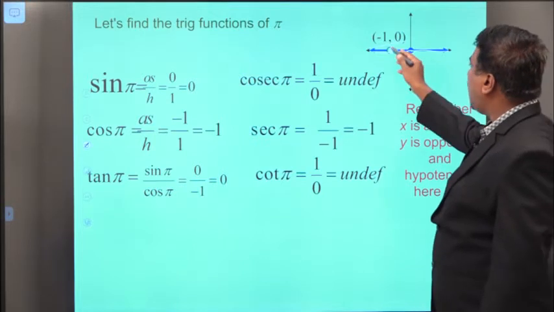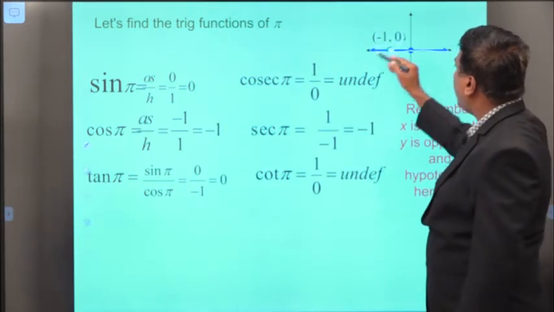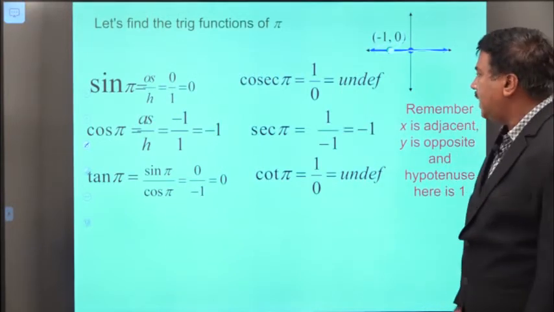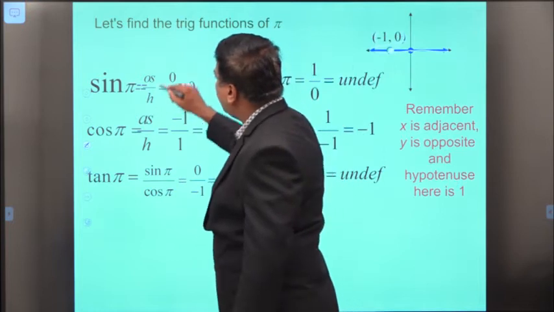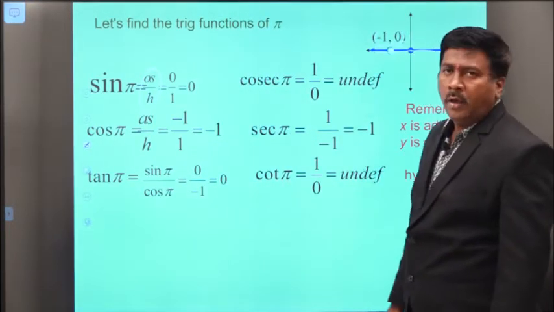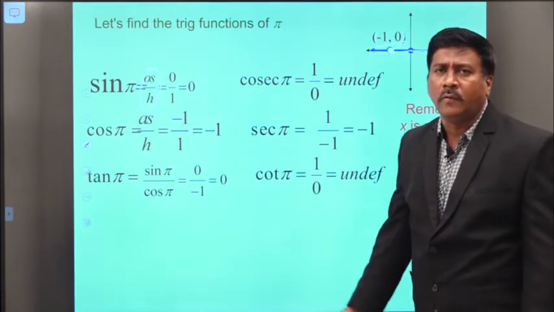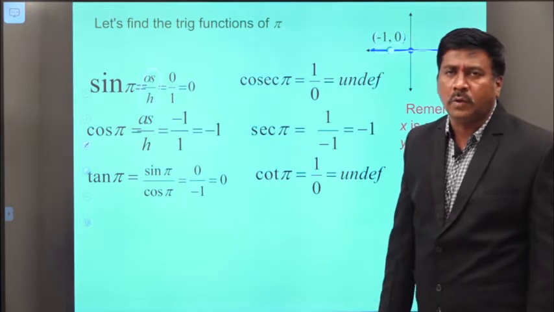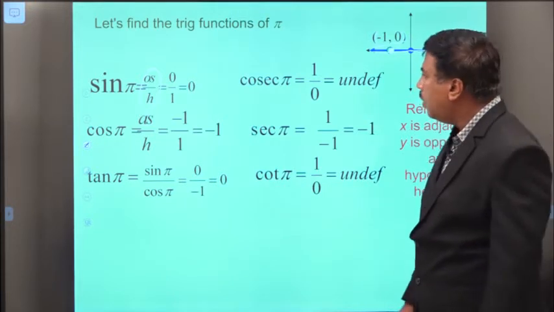Because the point lies on the negative side of the x-axis, this value is minus 1. Therefore, sin pi is equal to, what is the formula? Opposite side by hypotenuse. The hypotenuse is always positive, because we consider the unit circle.